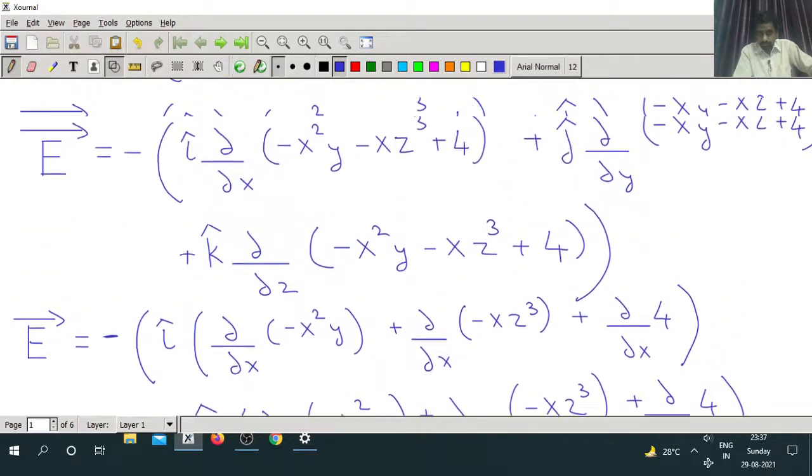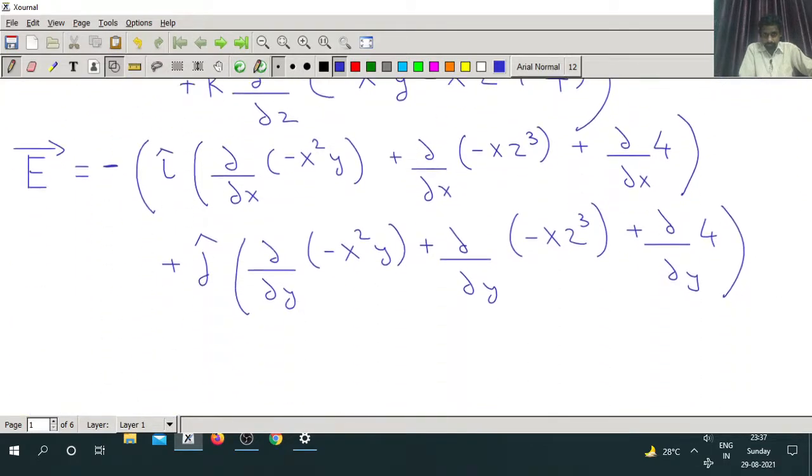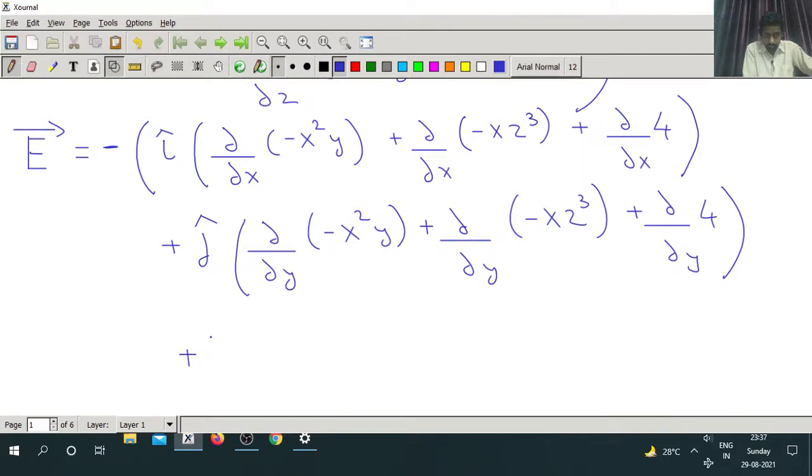Again there is a k cap over here, in the third part you will find there is a k cap, which you can keep as common. Now each term is differentiated with respect to z.